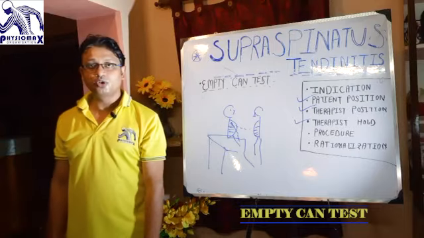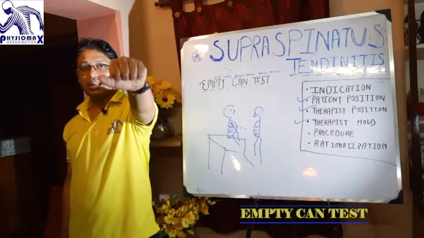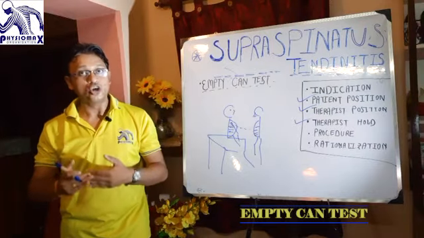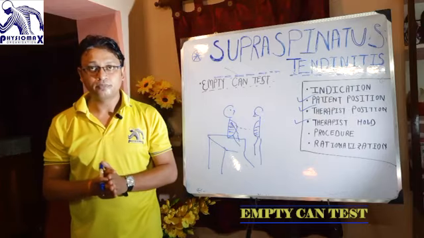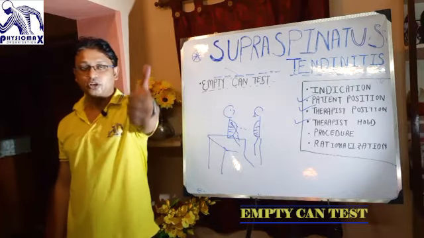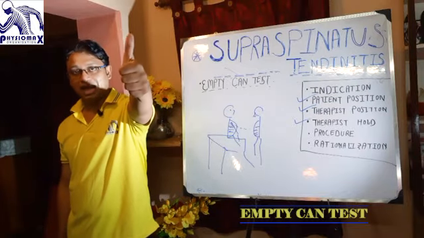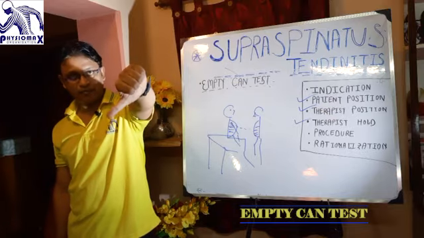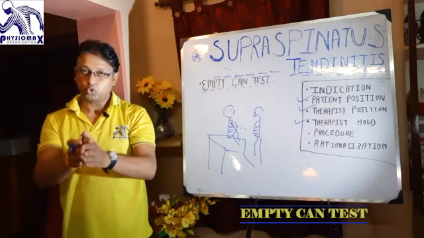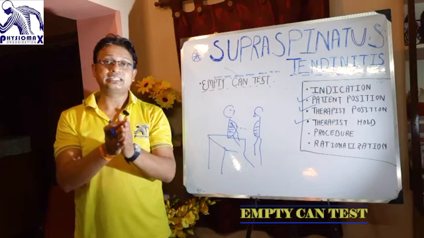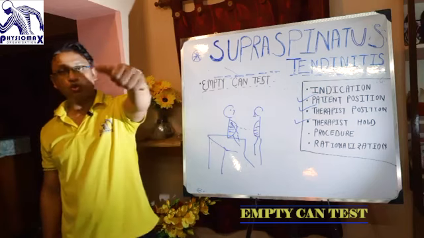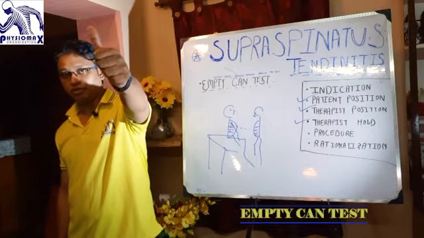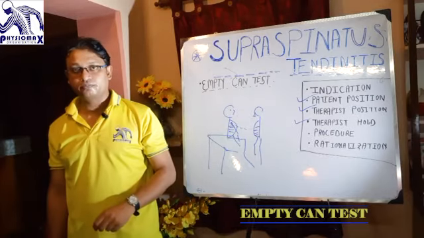First the patient will do the horizontal abduction at 90 degrees, because here the supraspinatus tendon is in its most taut position, and the patient will try to turn the thumb downward, like emptying the can. Here, as a sensitization phenomenon, the therapist can also resist this movement. The therapist will resist this internal rotation.